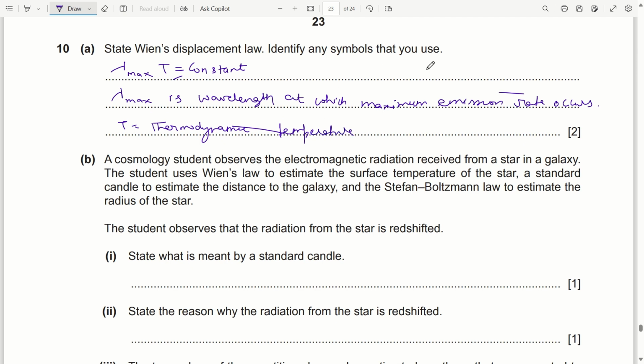Or you can also say that as per Wien's displacement law, lambda max is inversely proportional to temperature.